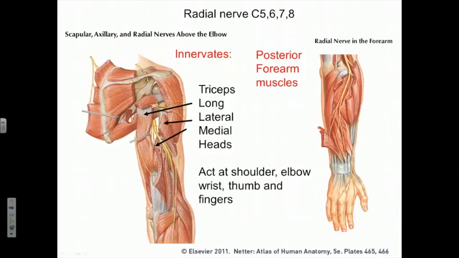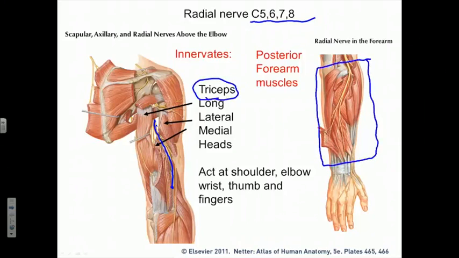The radial nerve has as many spinal cord segments as the median nerve, 4 out of 5 of them, C5 through C8 collectively. And this puts the radial nerve in a position to innervate the sole posterior arm muscle, which will be the triceps brachii, and also gives us the opportunity to innervate all of the posterior forearm muscles that are going to act mainly as extensors of the wrist and contribute to extension of the fingers and fully extend the thumb.